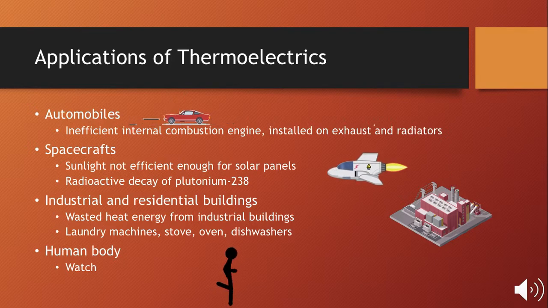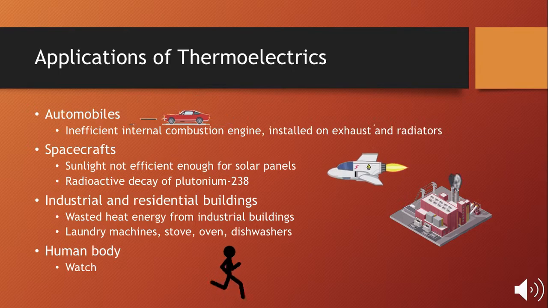So with automobiles, they have an inefficient internal combustion engine. And a thermoelectric generator can be placed on the exhaust and the radiators, and hopefully it can capture and convert enough of the wasted heat energy to power some of the electrical aspects of the car.